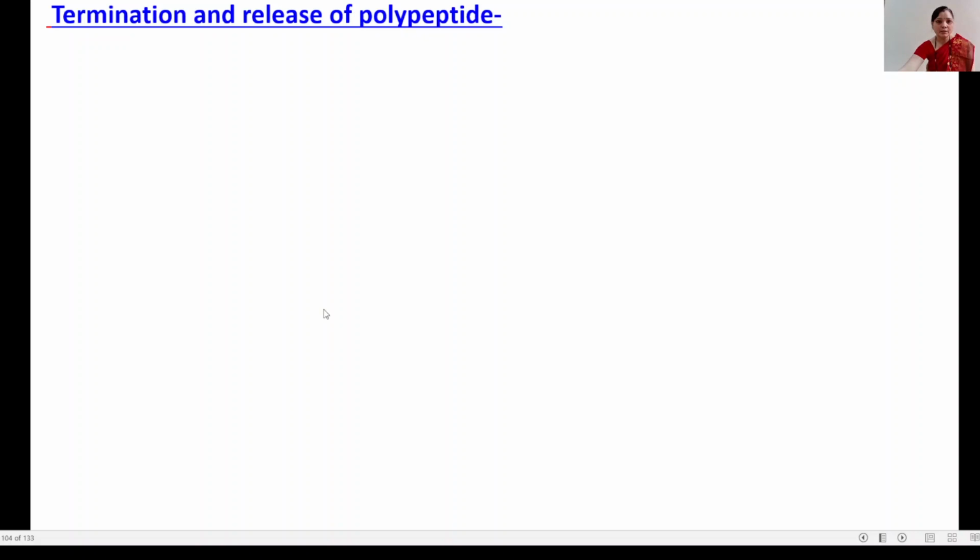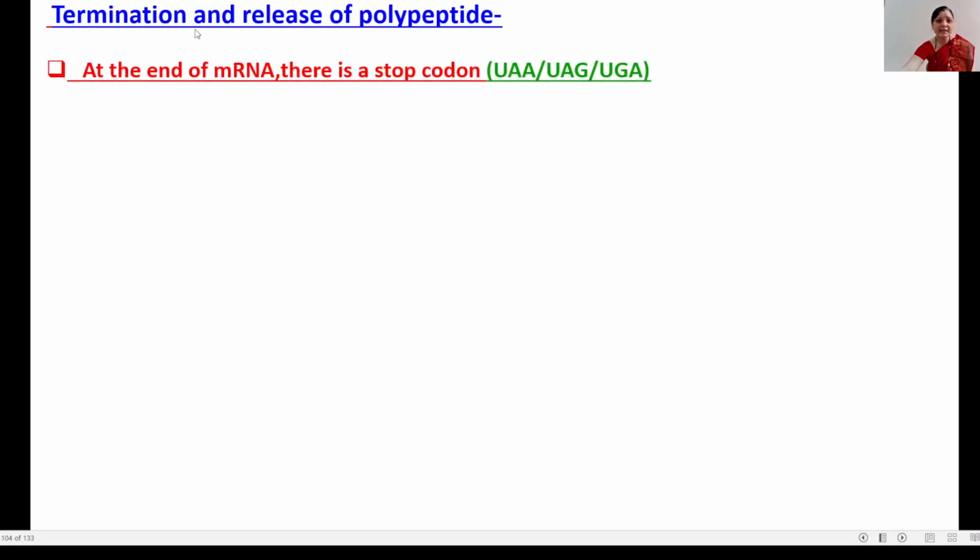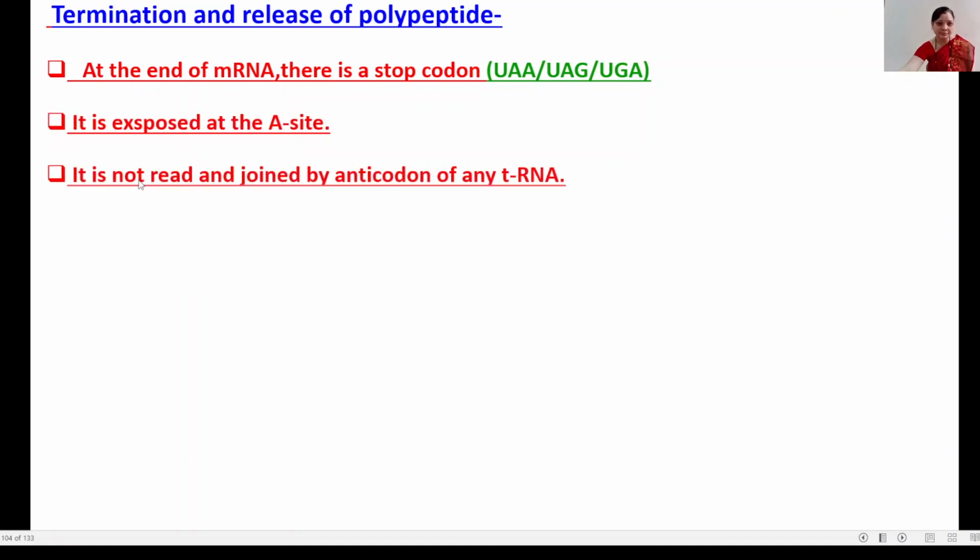So then the last step, that is termination and release factor. At the end of the mRNA, there is a stop codon, that is UAA, UAG, UGA. It is exposed at the A site. It is not read and joined by an anticodon of tRNA.